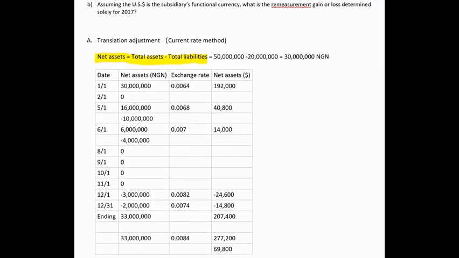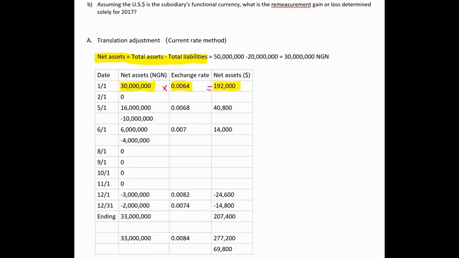On the first day of 2017, we have the beginning balance of net asset, which is 30 million NGN in foreign currency, and on that date the exchange rate is 0.0064. We use 30 million times the exchange rate and get the net asset in US dollars, which is 192,000.